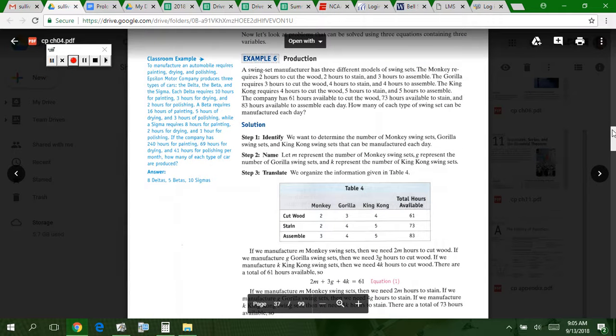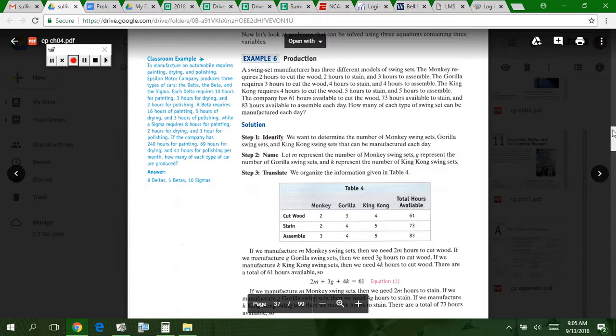Number 6 here. It says a swing set manufacturer has 3 different types of models. The Monkey requires 2 hours to cut wood, 2 hours to stain the wood, 3 hours to assemble. Here, somebody write that down for Monkey: 2 wood, 2 stain, 3 assemble. Okay, the Gorilla: 3 hours of wood, 4 hours to stain, 4 hours to assemble.